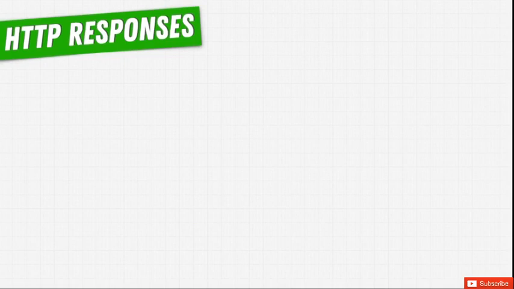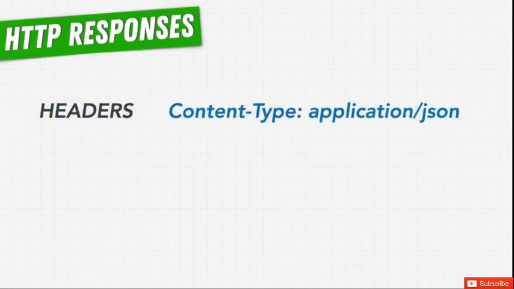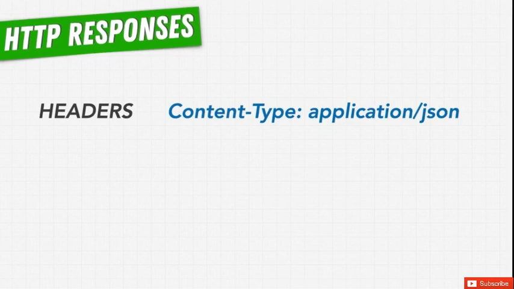Just like the request, we have an optional list of headers. Things like the content type, which is a header that you might see in both a request and a response. That tells us the type of data that's being sent in the body of the request, if it's a request, or in the body of the response, which means our second main component of a response is the body that contains the data that you're fetching from the server.